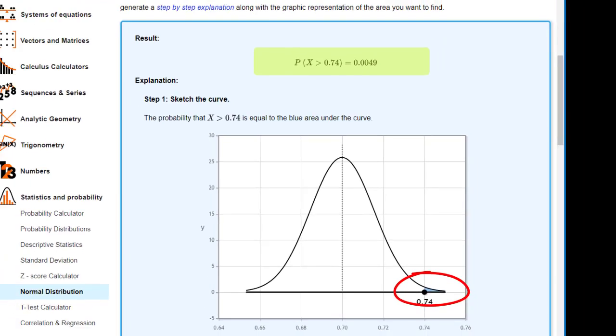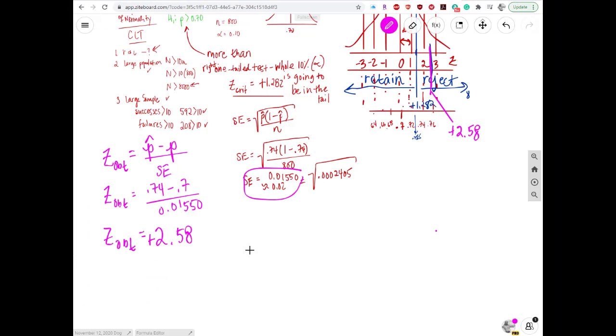So I'm going to bring this up and put down that the probability of getting a z obtained of 2.58 is 0.0049.